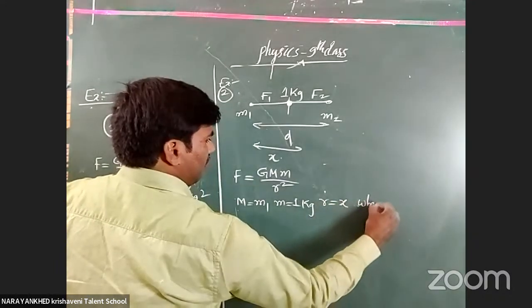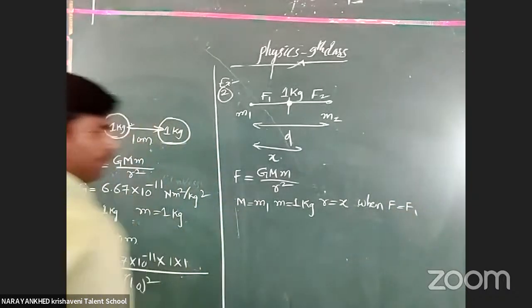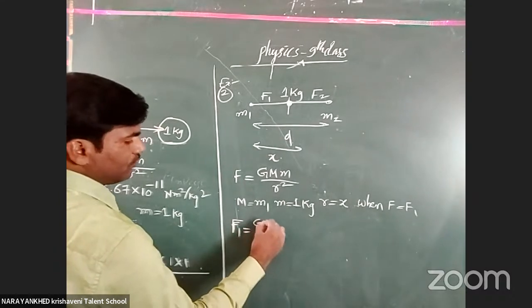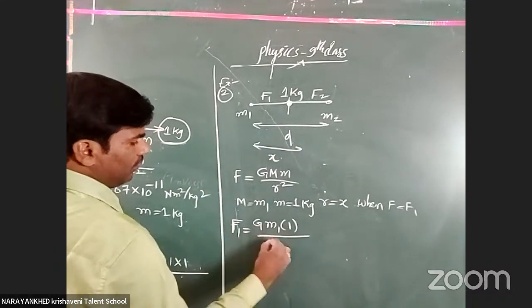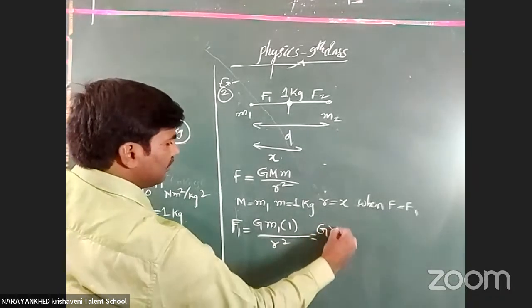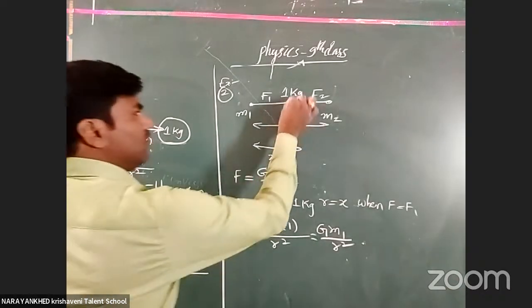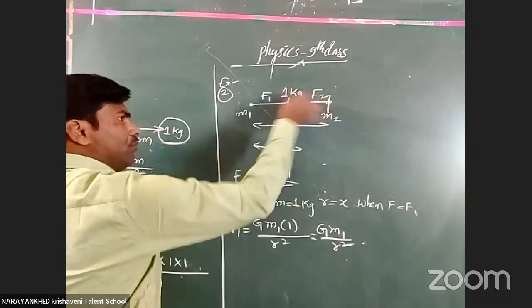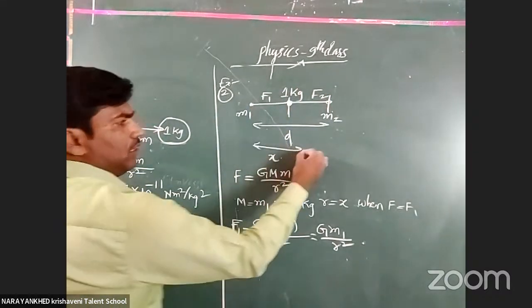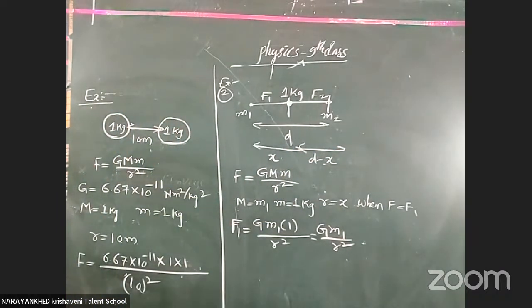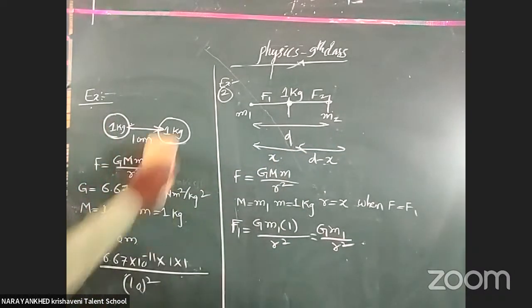Then F is F1. So F1 equals G into M1 into 1 by r square, that becomes G M1 by x square. That is one equation. Next, the distance between M2 and the 1 kg body becomes D minus x. The total is D, and up to here it is x, so the remaining is D minus x. We have to find x.